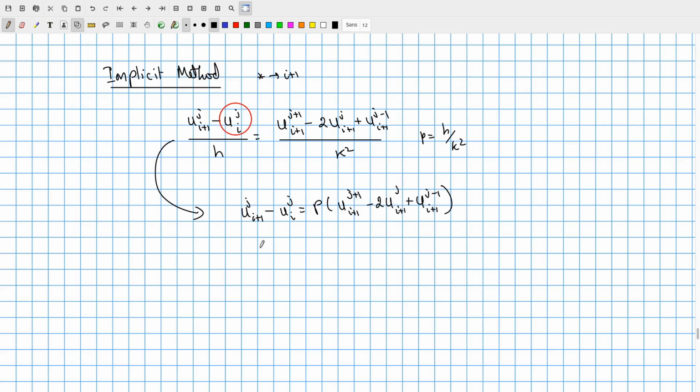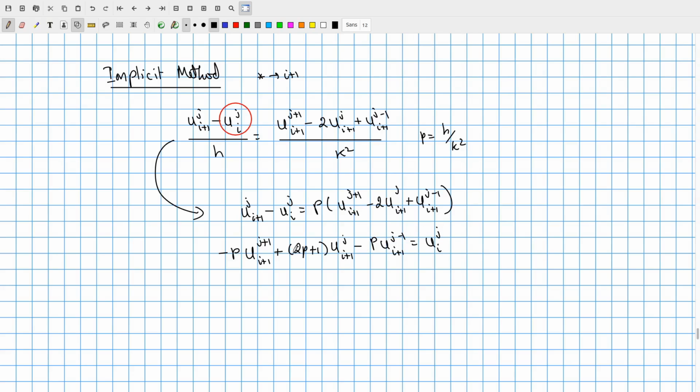Now let me take all these unknown quantities on the left hand side and the known quantities on the right hand side. When you do this jugglery, what you get is minus p times u of i plus 1 j plus 1, plus 2p plus 1 into u of i plus 1 j, minus p into u of i plus 1 j minus 1, equal to u of i j.